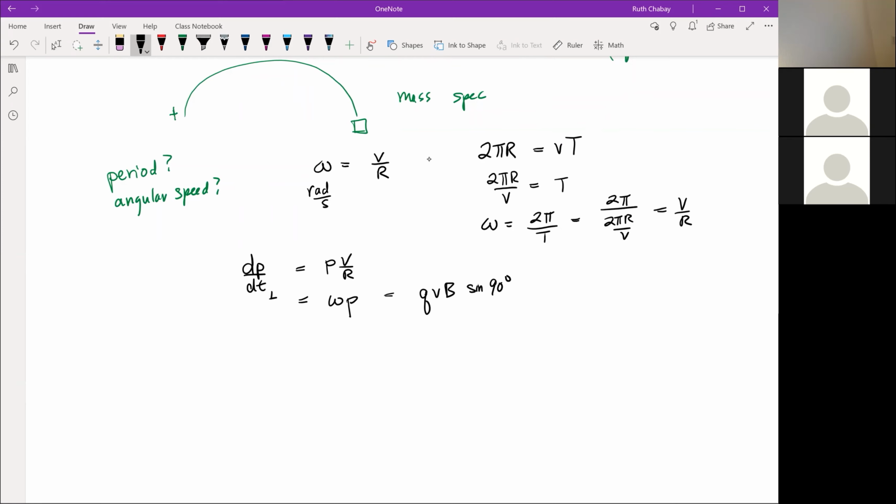So the angular speed is just going to be equal to qB over, well, over what?